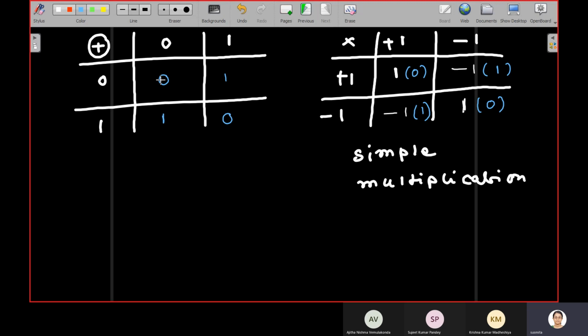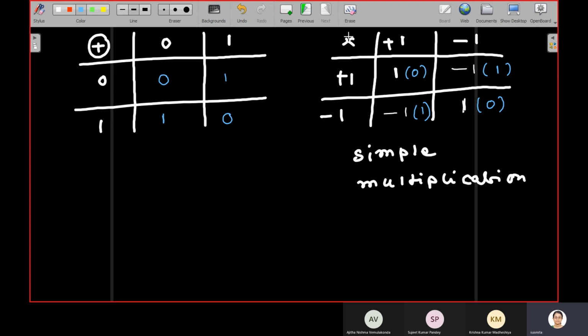Now just compare this result with the right hand side table, and you compare with the values that I have written within brackets. You see the same values, 0, 1, 0, 1, 1, 0, 1, 0. So they are actually equivalent.